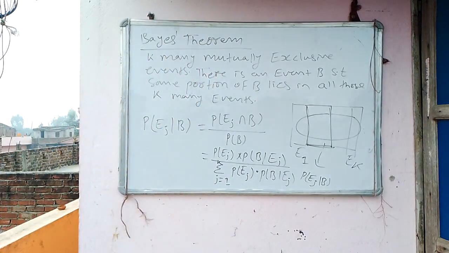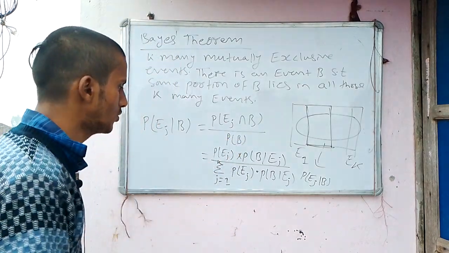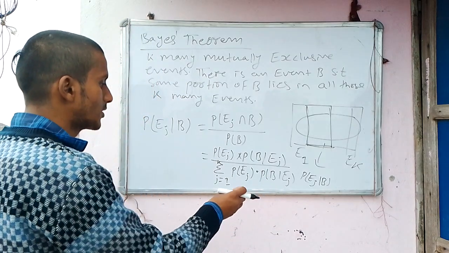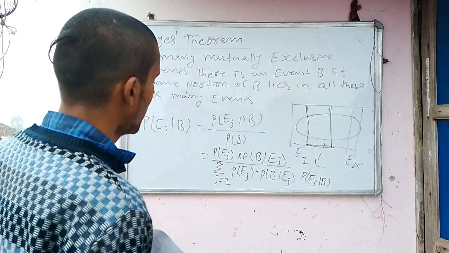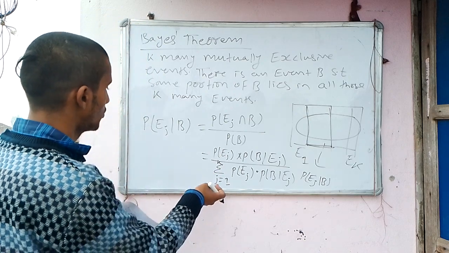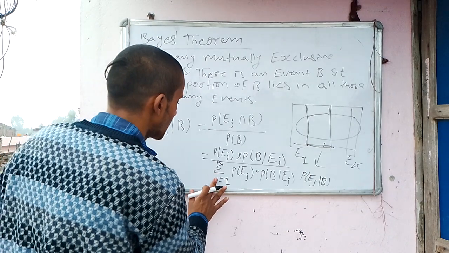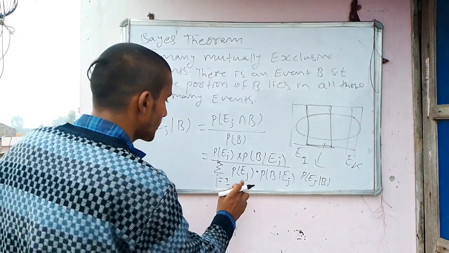What we are doing here is the same total probability rule: probability of EJ times probability of B given EJ, because probability of B is not known, but probability of B given EJ is known. Now J might confuse you, because this J and this J might confuse you, so let me write I here.